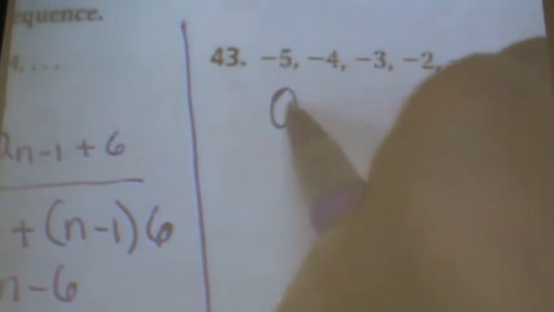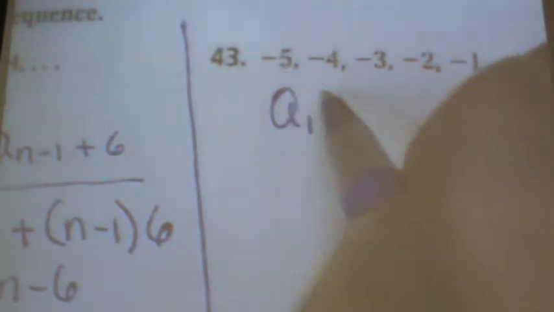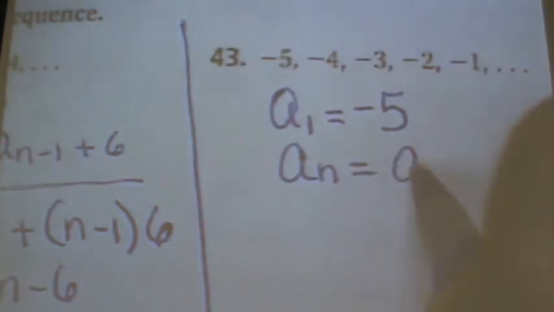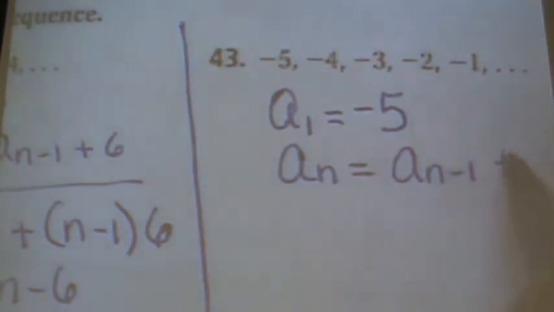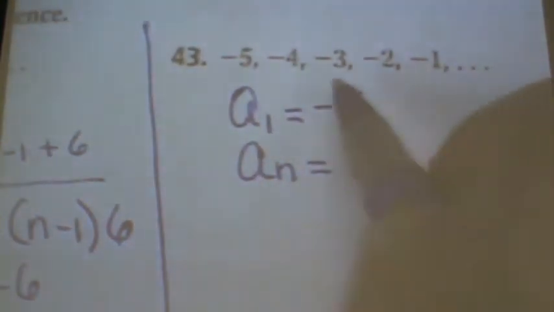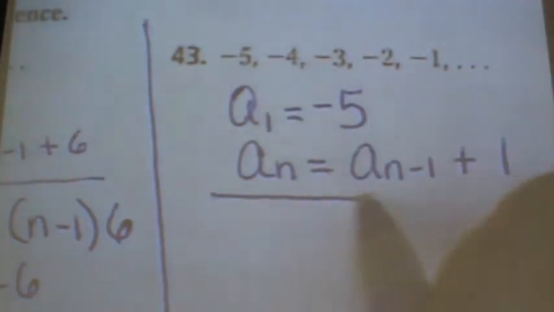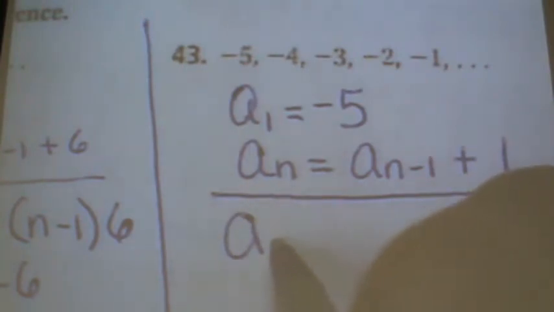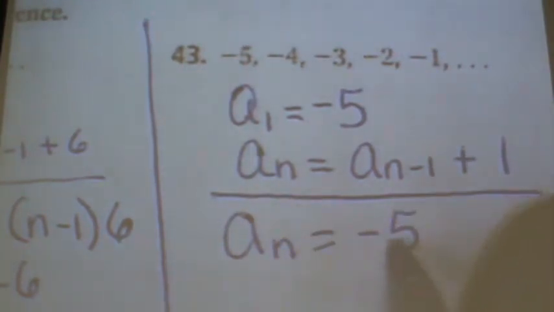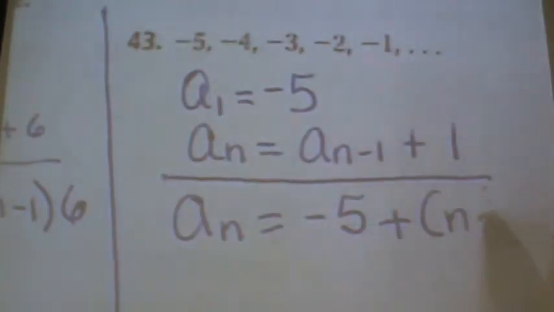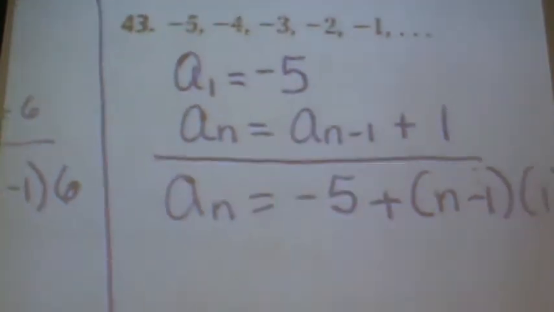43. What's your first term? State the first term. Previous term plus what's your d value? What are they doing? Adding 1. Explicit, it's the first term plus n minus 1 times 1.